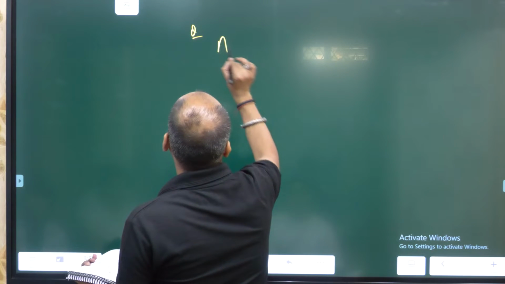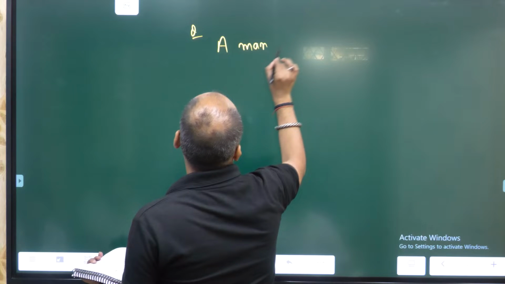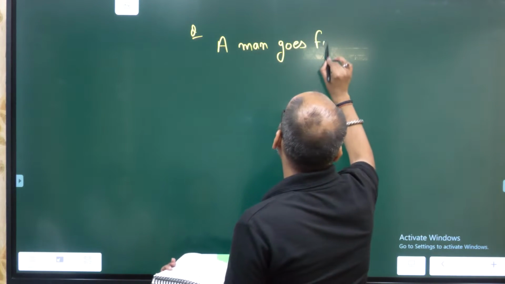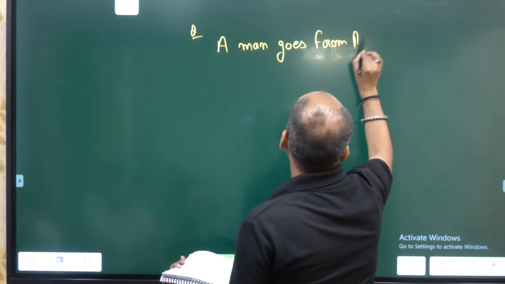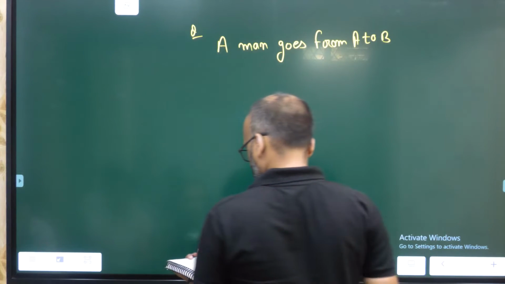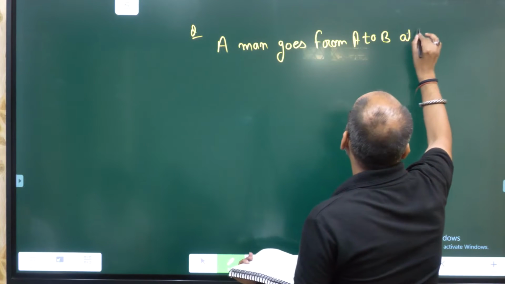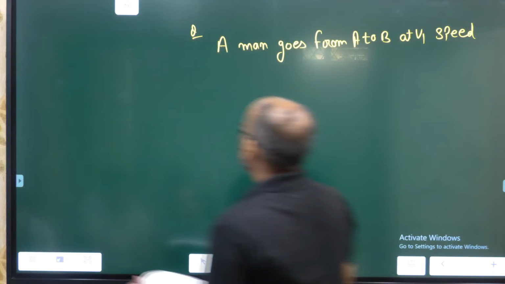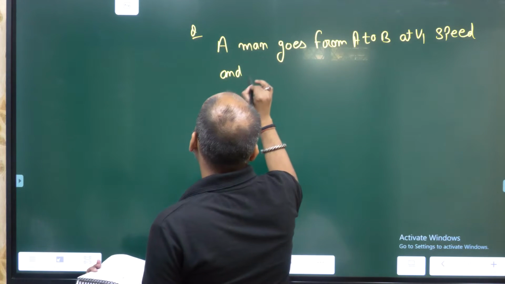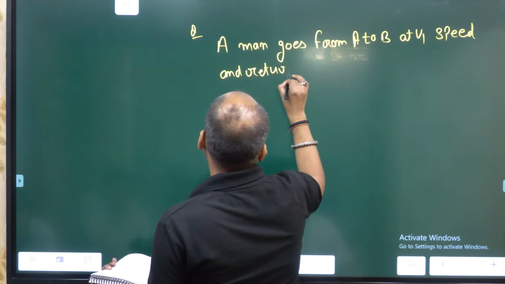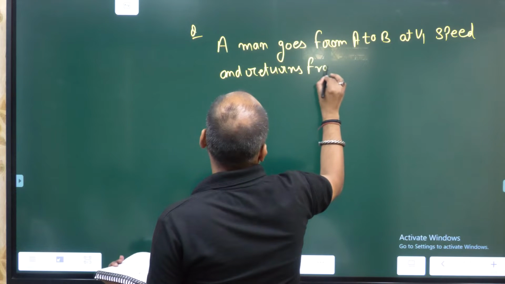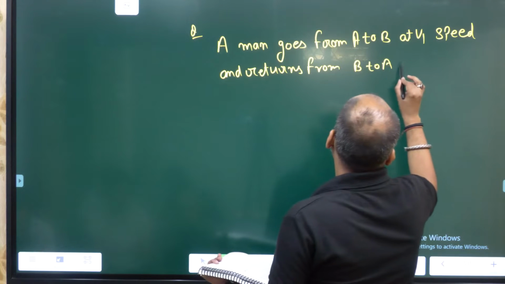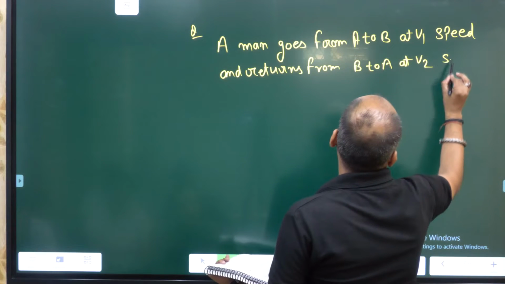A man goes from A to B at V1 speed and returns from B to A at V2 speed.